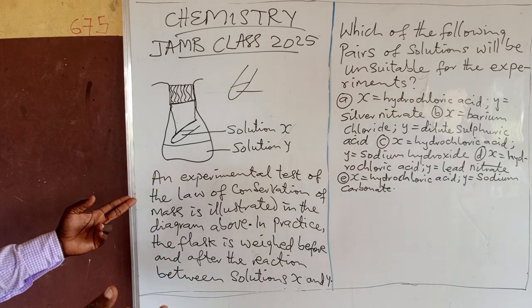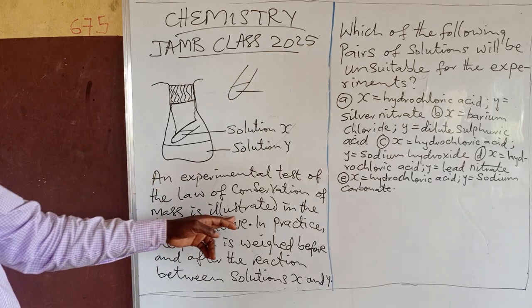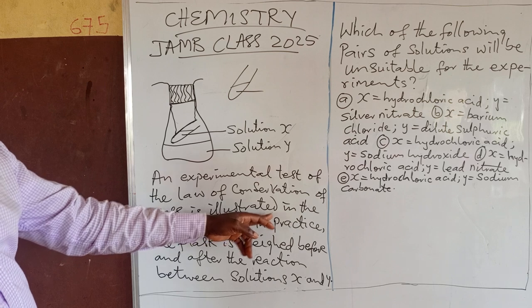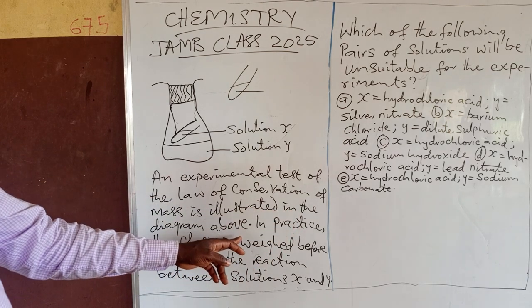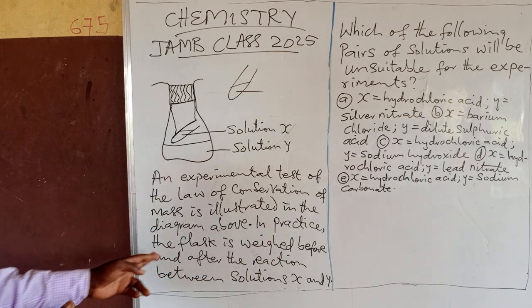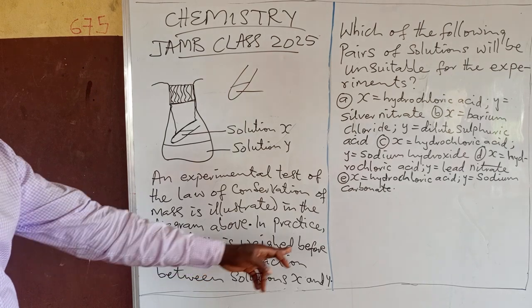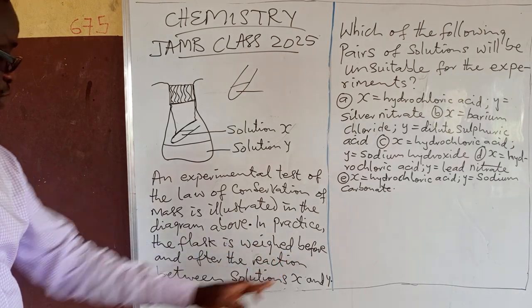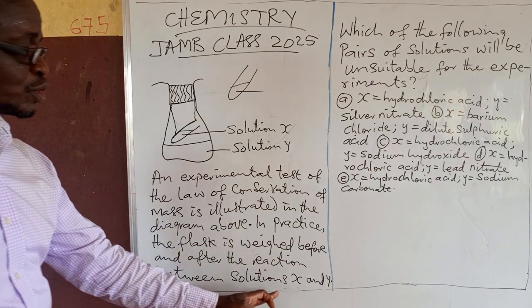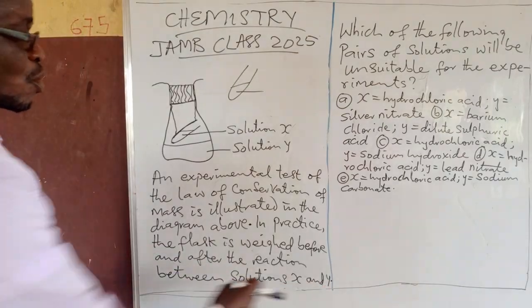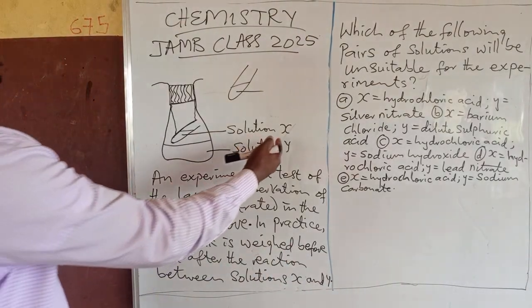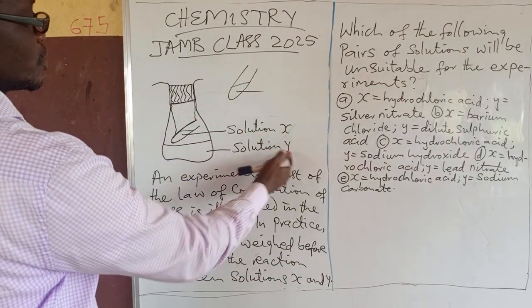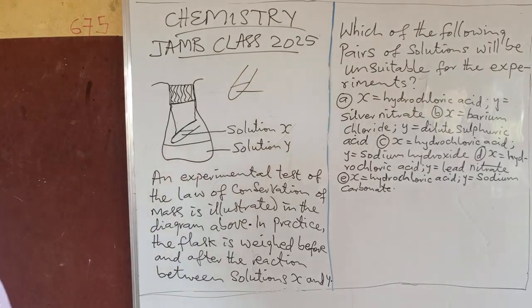The law of conservation of mass is illustrated in the diagram above. In practice, the flask is weighed before and after the reaction between solutions X and Y. See solution X here, see solution Y here.